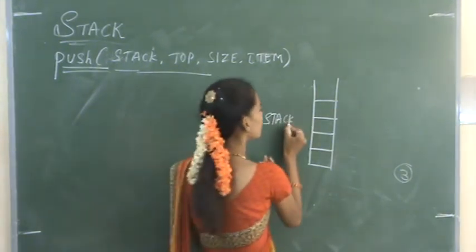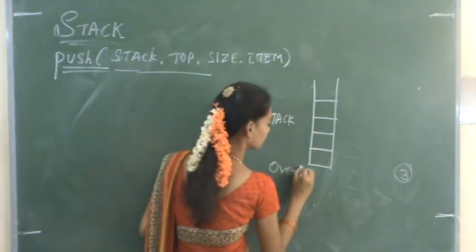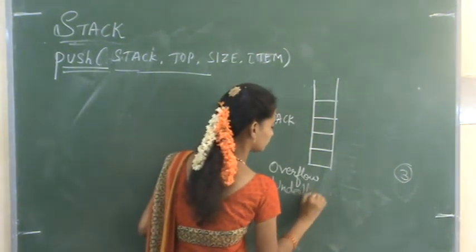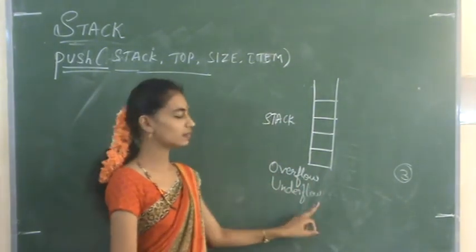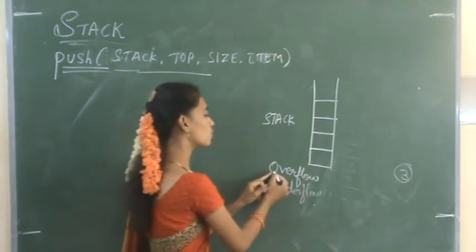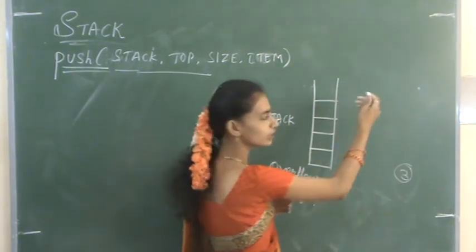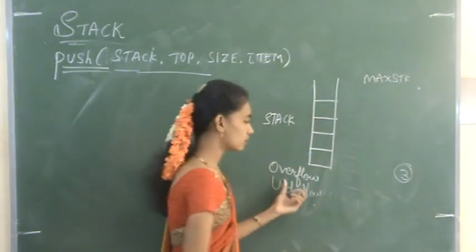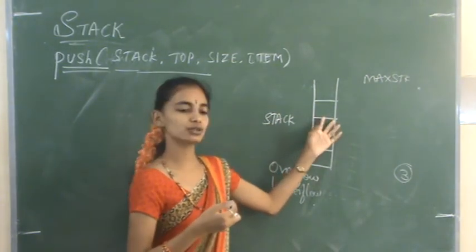So for that we are using two conditions. One is the overflow condition, another one is the underflow condition. Overflow means if the top value is more than or equal to max stack, then we call it overflow, which means we cannot insert more values into the stack.